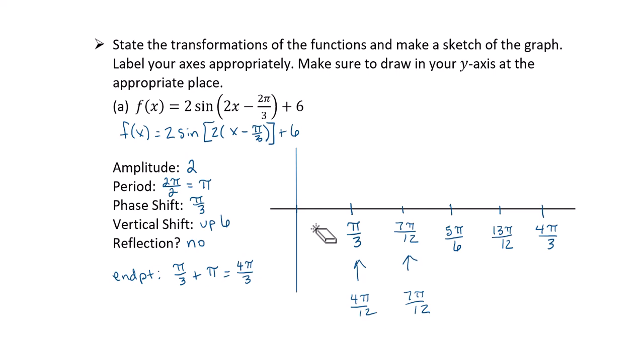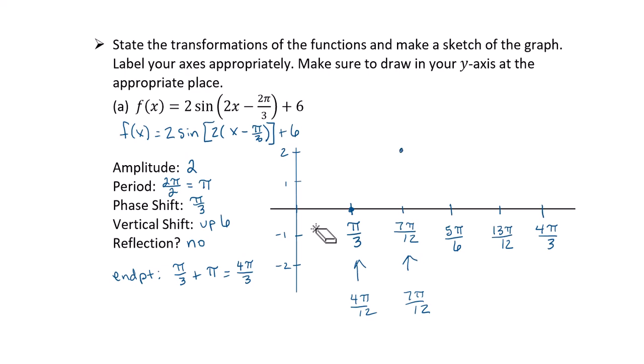And let's set our amplitude here. This is 1. This is 2. This is 1 down here and a -2. And I know with a sine graph, I start with the x-intercept. So I'm starting on the midline. And then the next key point is going to be the high.